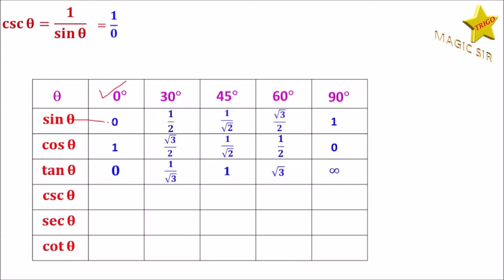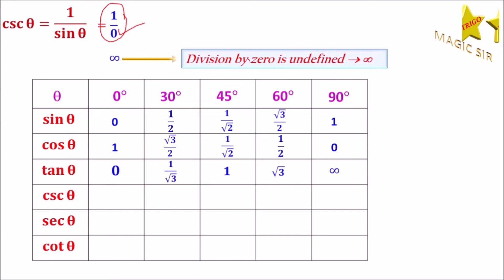For 0 degree angle, sin theta is equal to 0. So we have cosec theta equal to 1 upon 0. And again we know that division by 0 is undefined. So we can write infinity here. So cosec 0 degree is equal to infinity.